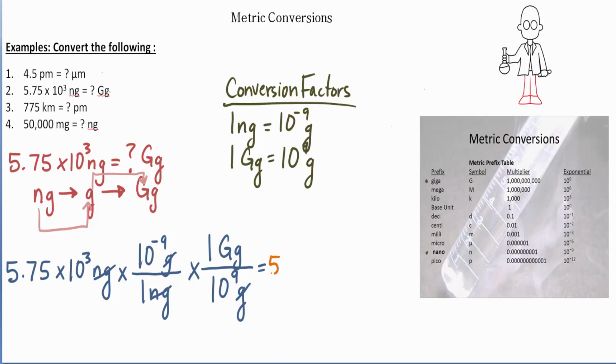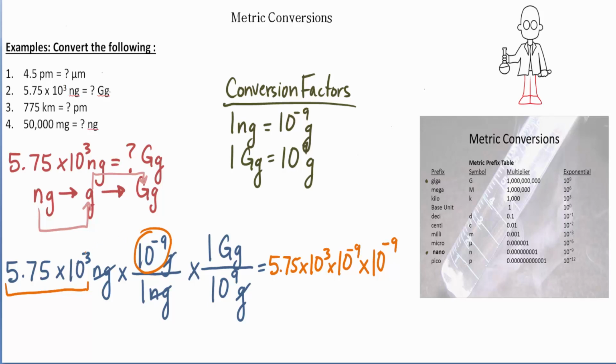So let's complete this problem by doing the multiplication and or what you may call division. We have 5.75 times 10 to the third, that is that expression, times 10 to the minus 9, that comes from here. Now, as I've stated, I like to move my exponent of 10 from the denominator to the numerator. So since this is 10 to the 9th in the denominator, I need to make that 10 to the minus 9 when I bring that to the numerator. And that is the same thing as subtracting exponents.